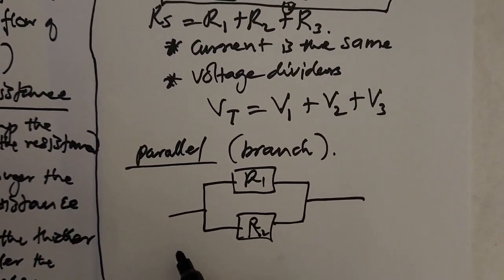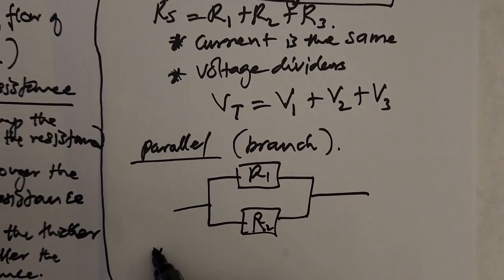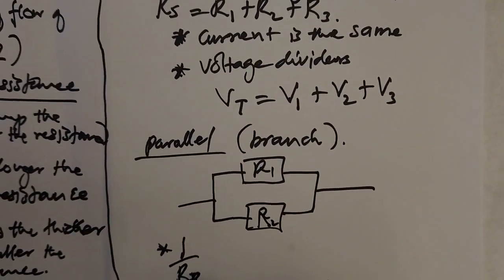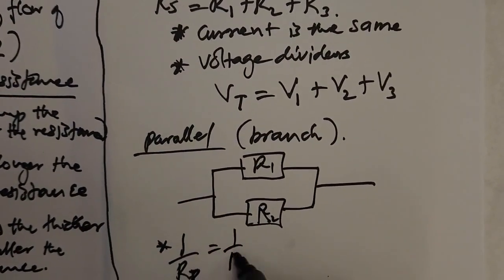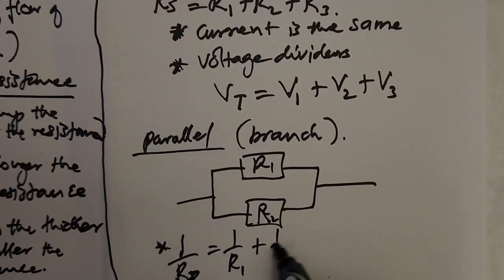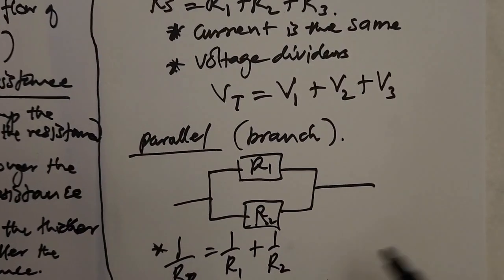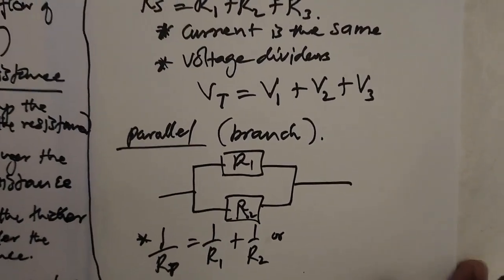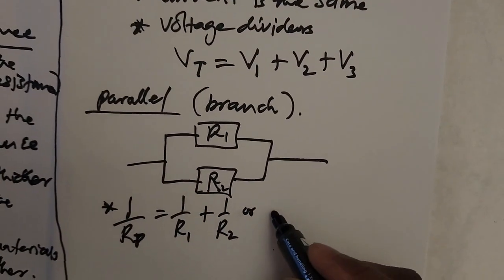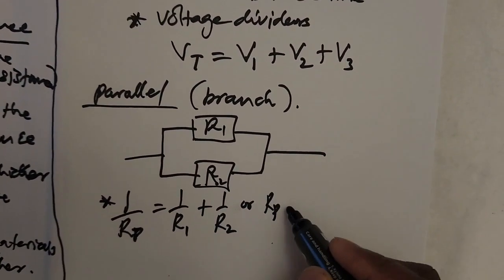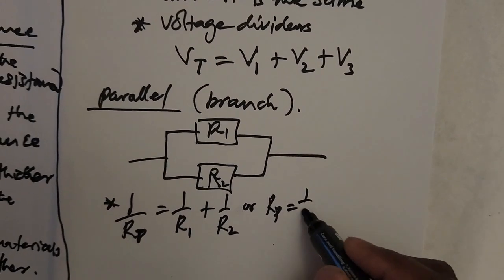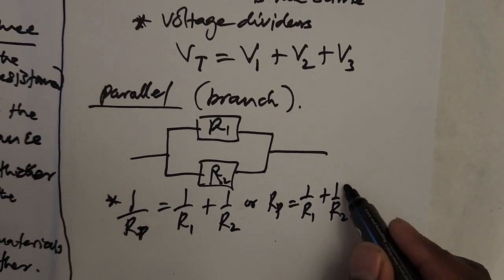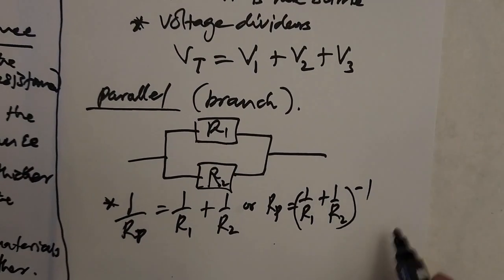Now, the first thing we say, their effective resistance will be R parallel would be 1 over R1 plus 1 over R2. Many learners now have got mathematically inclined. They can manipulate this one and say, also I can have R parallel to be 1 over R1 plus 1 over R2, all to exponent minus 1.